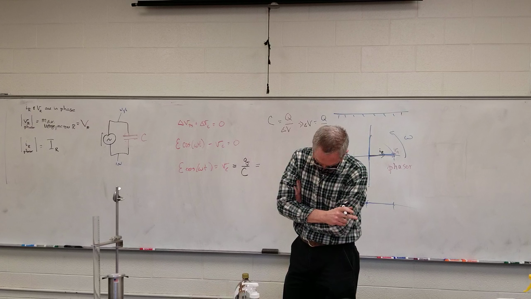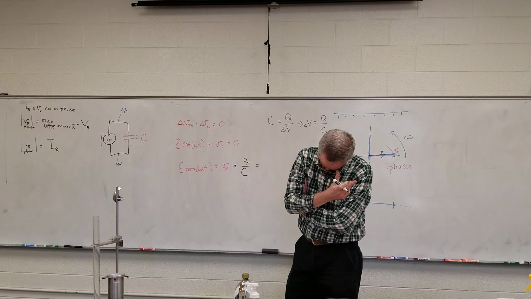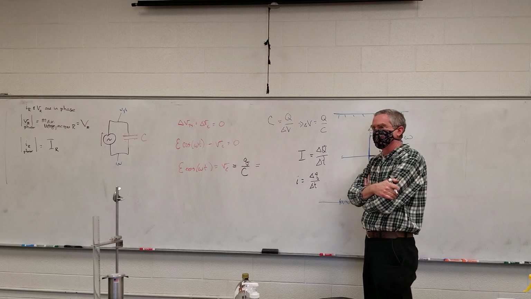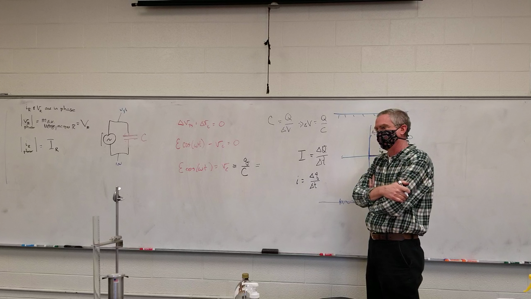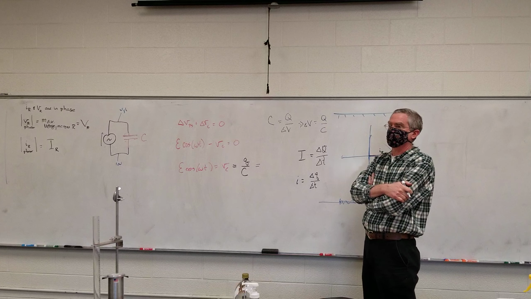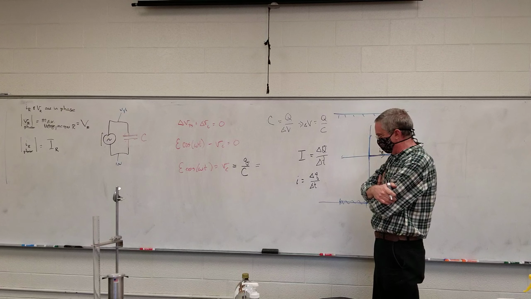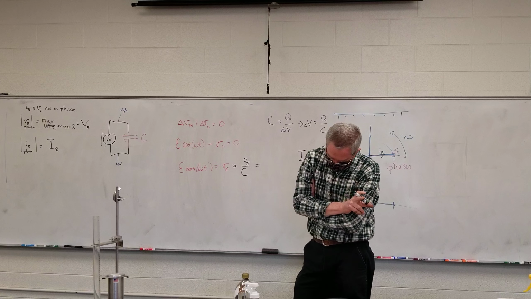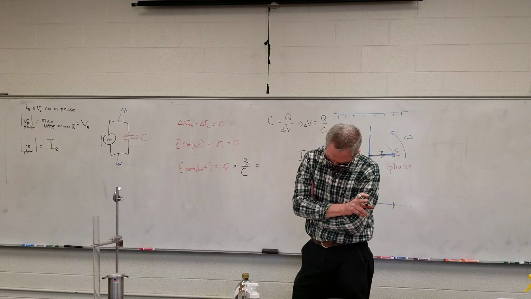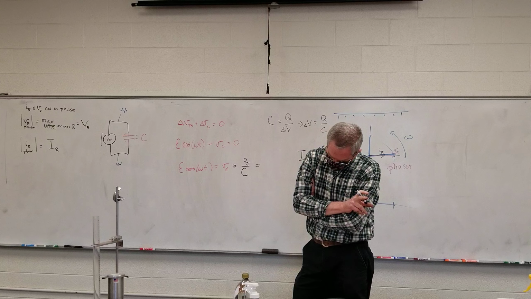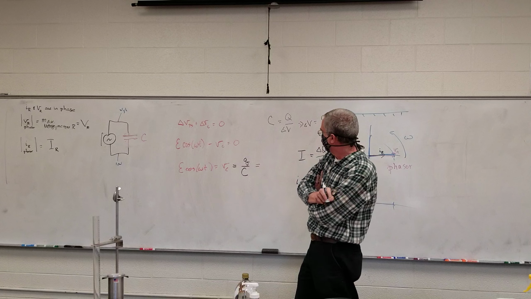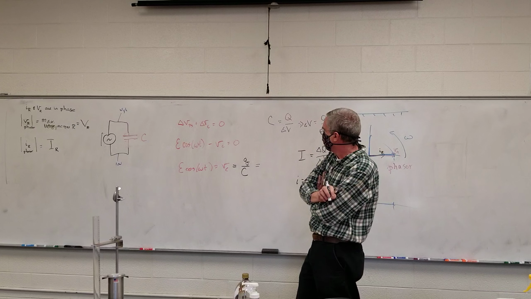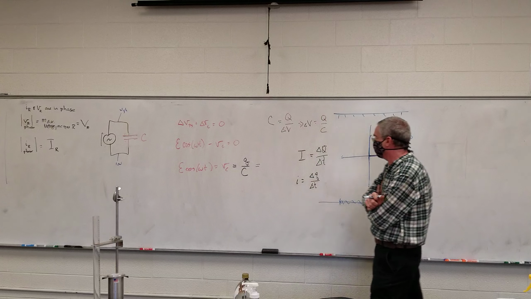It's not actually delta T, not the change in time, and it's not actually delta Q, it's how much charge has flown by. I want to make sure I don't mess up the minus sign. All right, I think it's already been taken into account.